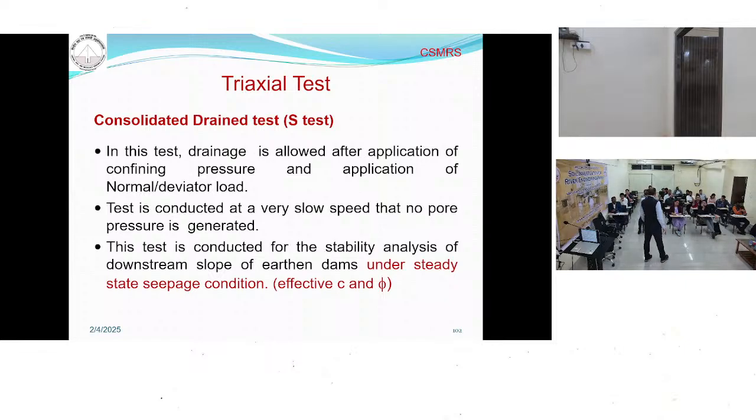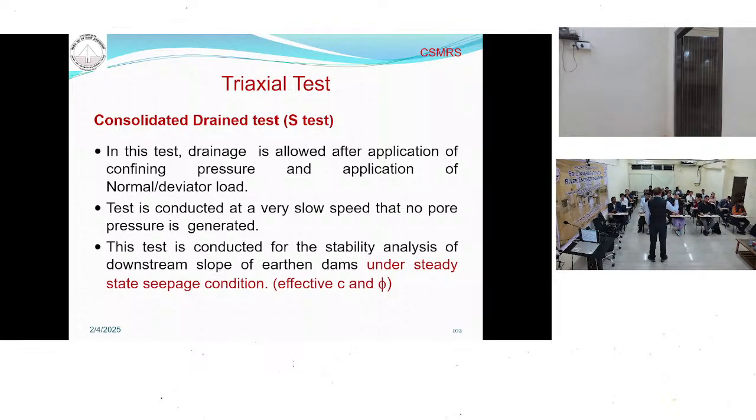Under this test, what do we do? We allow the water to come out from the sample even after applying the confining pressure and when you are applying the deviator stress or the normal stress. Because in the consolidated undrained test, we allow the water to come out from the sample under the cell pressure, but when you apply the normal load, we do not allow the water to come out.